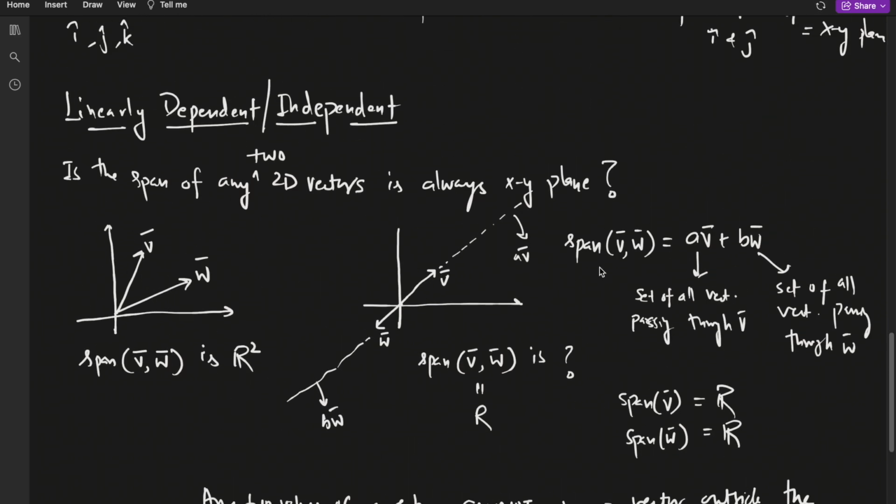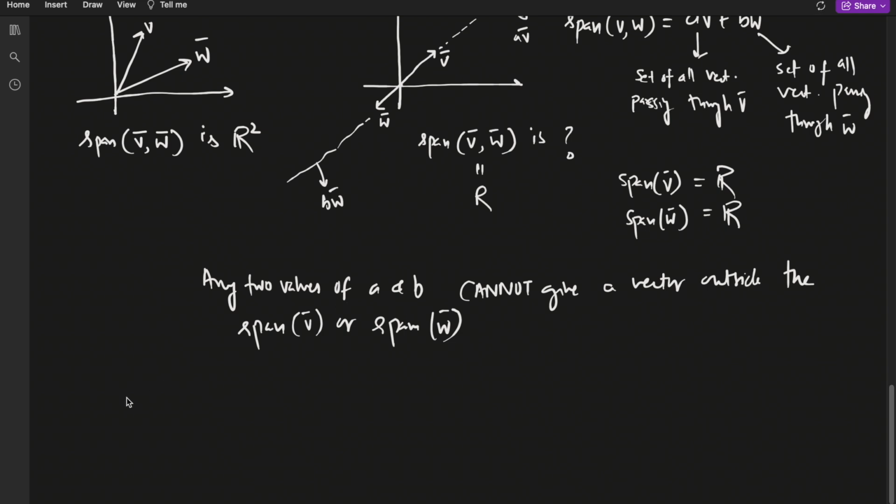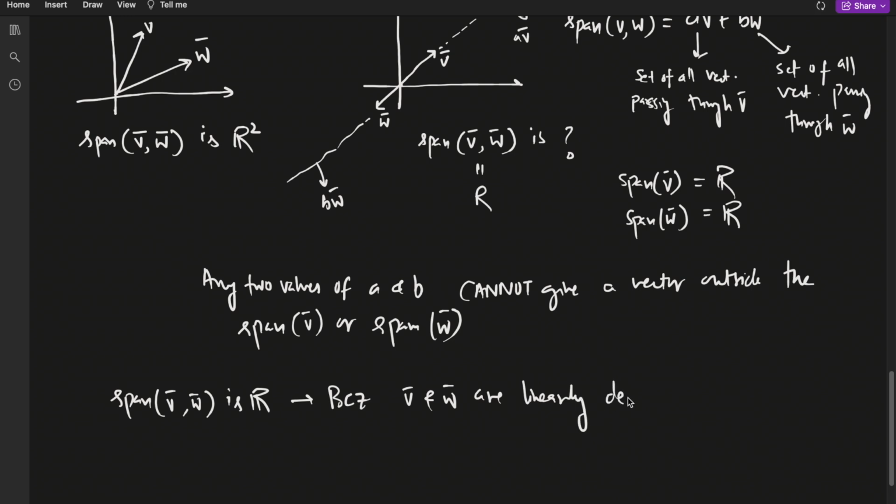Okay. So why is this the case? Because V and W are linearly dependent. What do I mean by linearly dependent?